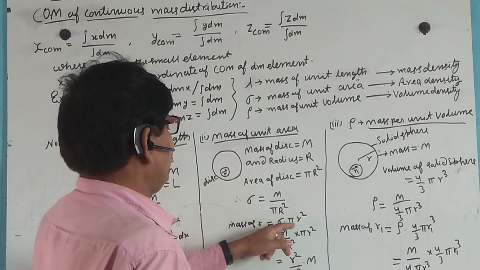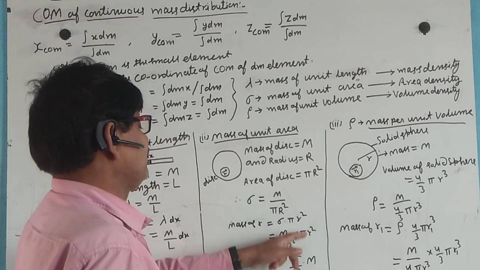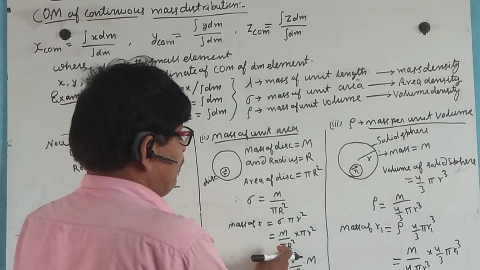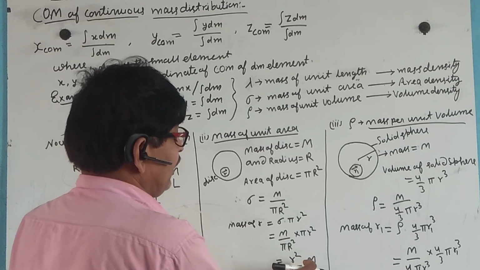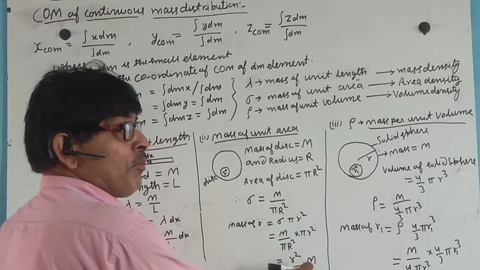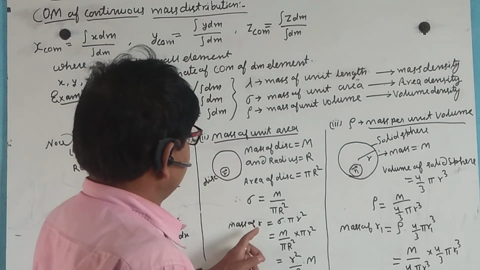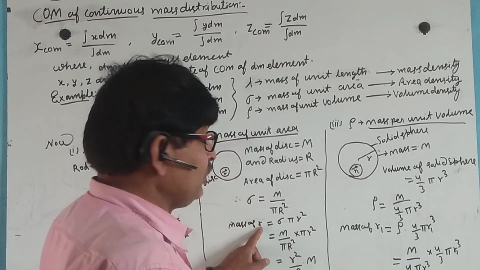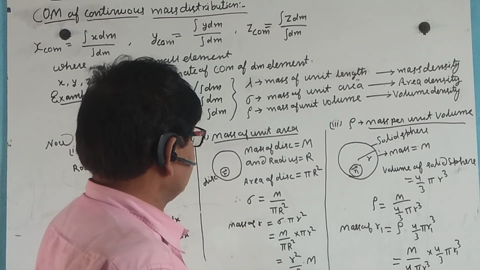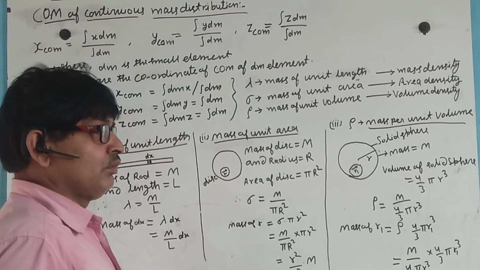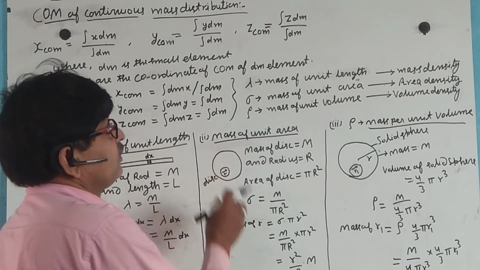Putting the value of sigma as m by pi R square, into pi r square, pi cancels, and we get small r square by capital R square into m. M is the mass of the whole disk, r is the radius of the small disk we assume, and capital R is the radius of the large disk here.